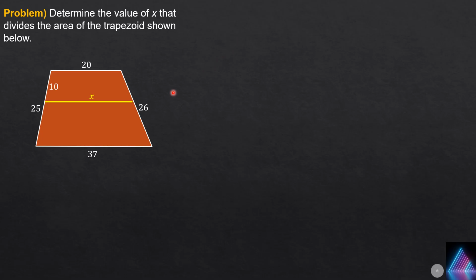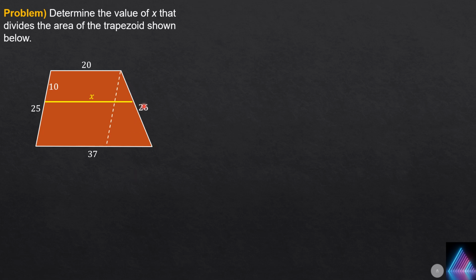So for the solution, first let's draw a line from this corner parallel to this side here so that we divide the trapezoid into a parallelogram and this triangle here.